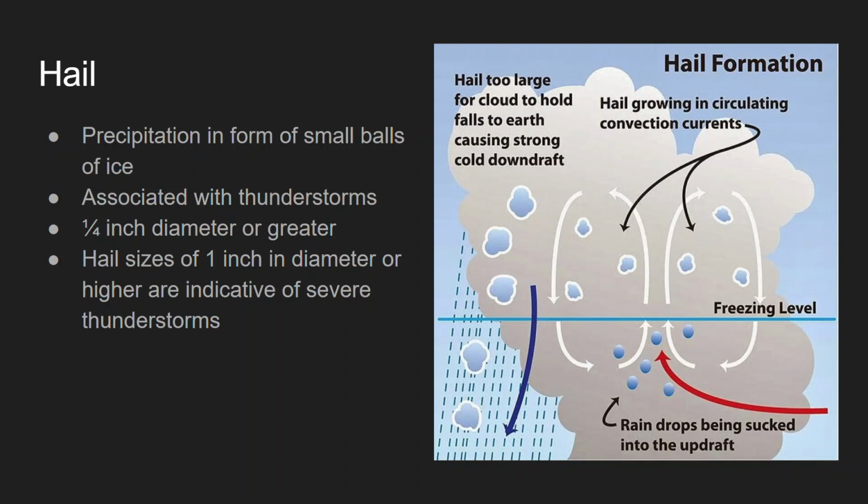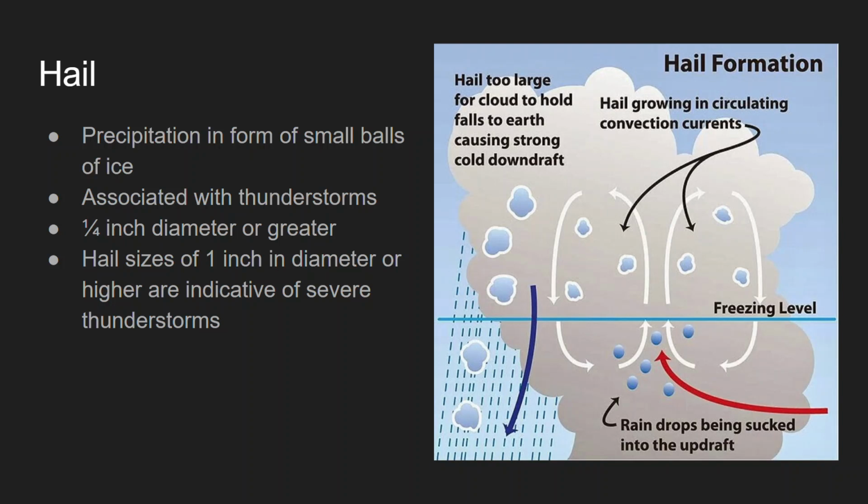Now, hail starts by raindrops being sucked into the updraft of a thunderstorm. Then it all freezes, the hail growing and circulating in convection currents until the hail is too large for the cloud to hold, and it falls to earth, causing a strong cold downdraft. And if you ever get hail, quickly grab it, because usually it'll warm up and melt very quickly depending on what size it is.